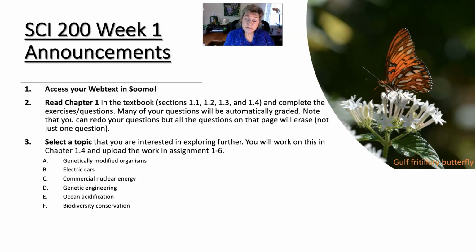And also biodiversity conservation. Why is it important to have biodiversity? So biodiversity is a diverse number and types of species in a particular ecosystem. This keeps ecosystems healthy.